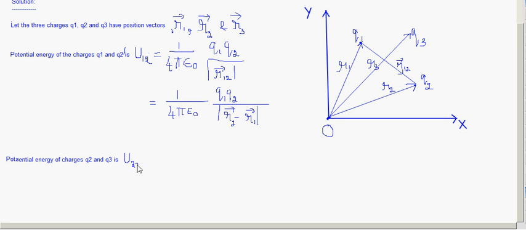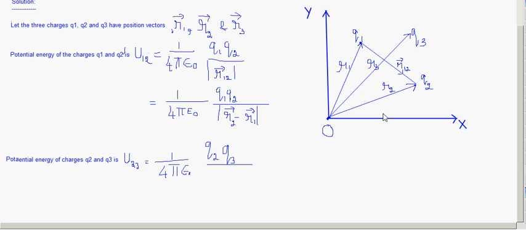So U23 is equal to 1 by 4 pi epsilon naught, with charges Q2 and Q3, Q2 Q3 divided by the distance between them.